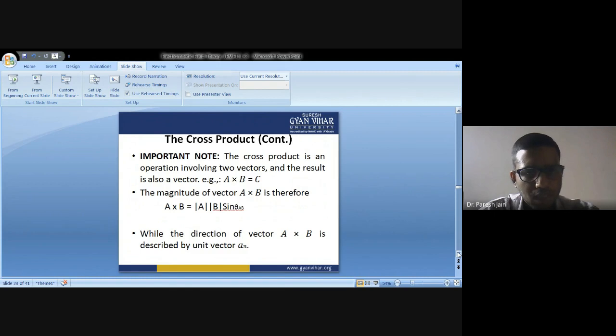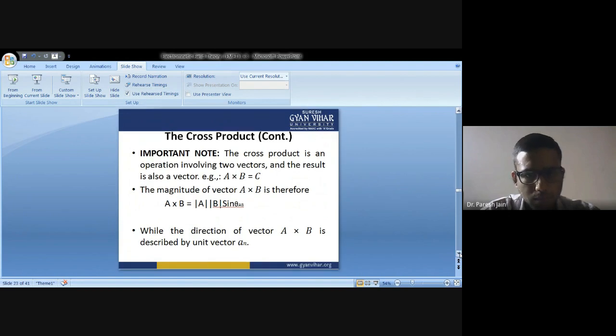The magnitude of the vector A cross B is mod A mod B sine theta AB, while the direction of the vector A cross B is described by the unit vector AN.